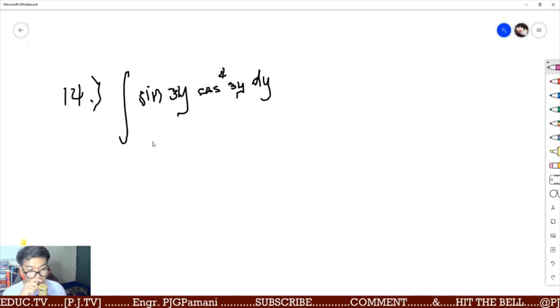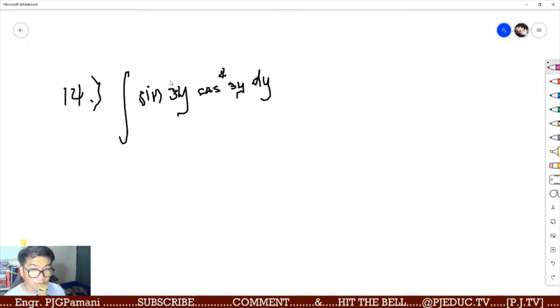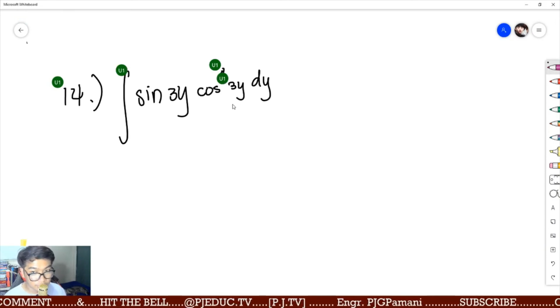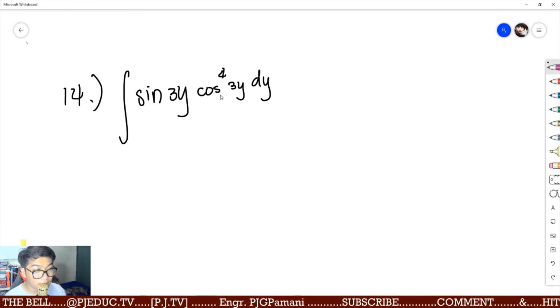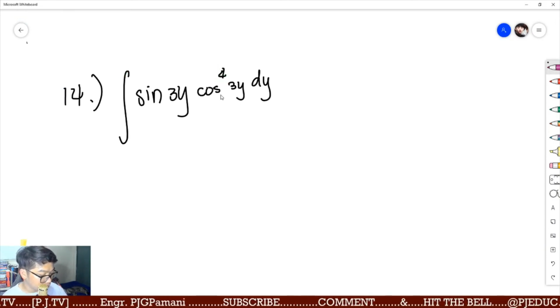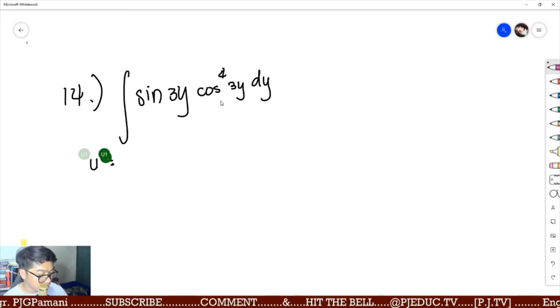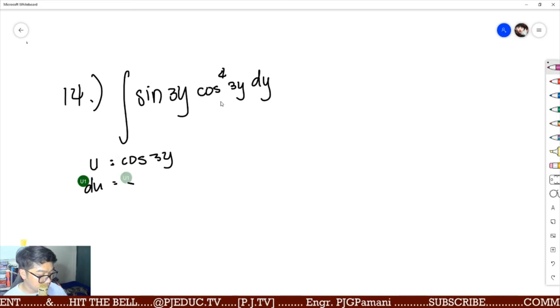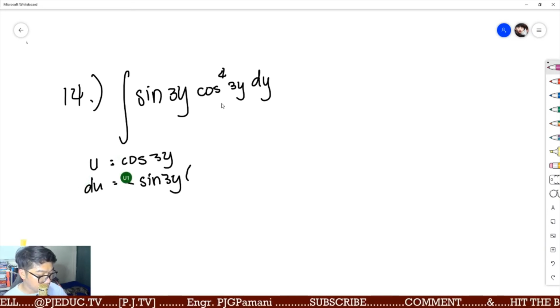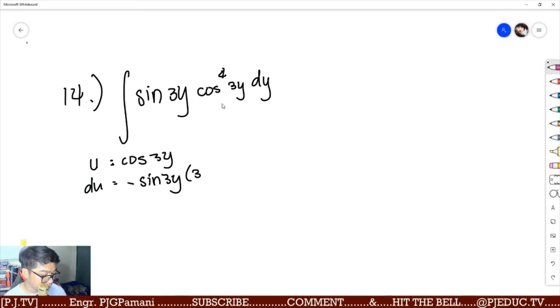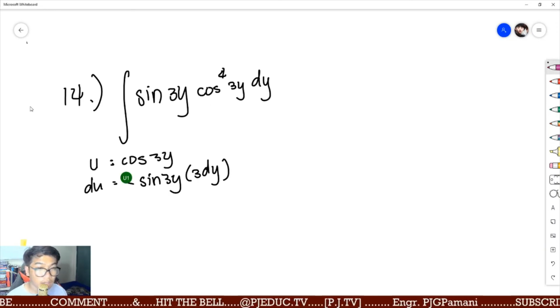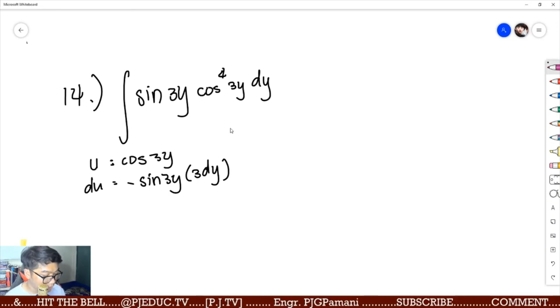Ikaw na bahala kung saan ang gusto mong gamitin dyan. Si sin 3y ba or si cosine 3y. As much as possible, gamitin natin yung term na merong exponent. Okay? u is now equal to cosine 3y. Differentiate that one gives us negative sine 3y of 3 dy.